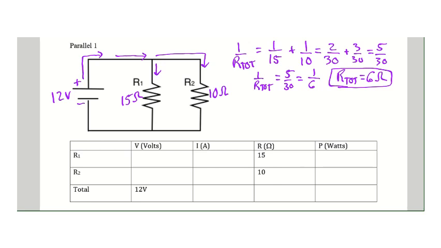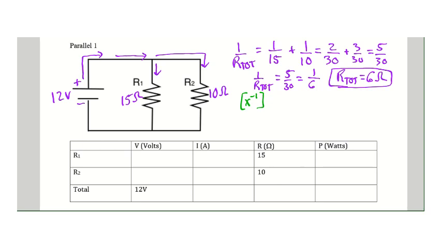Now there is a shortcut for doing all the work with fractions, which is going to come in handy, especially if you have more than 2 resistors in parallel. The way that you're going to do that is you're going to use the x to the negative 1 button in your calculator. You're going to see that button just above the x squared.